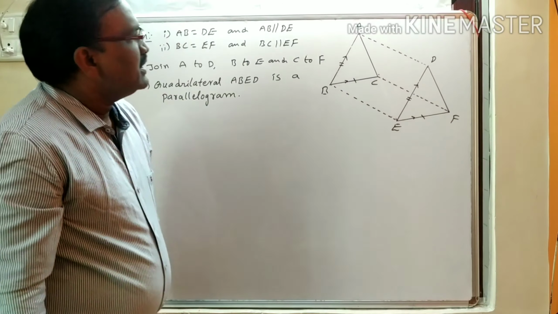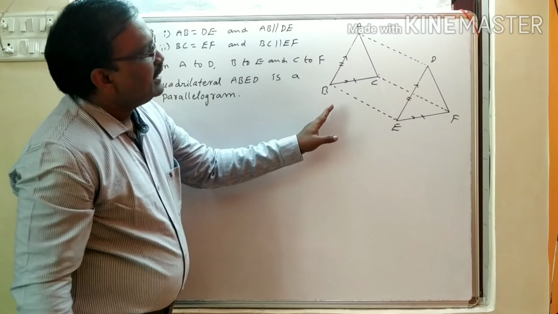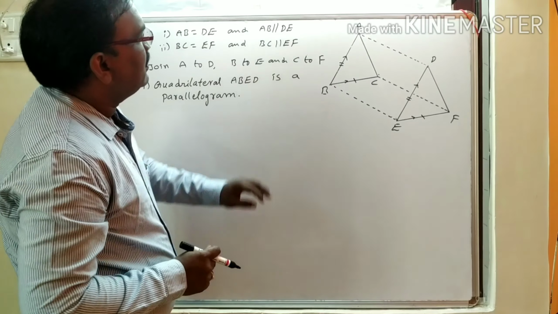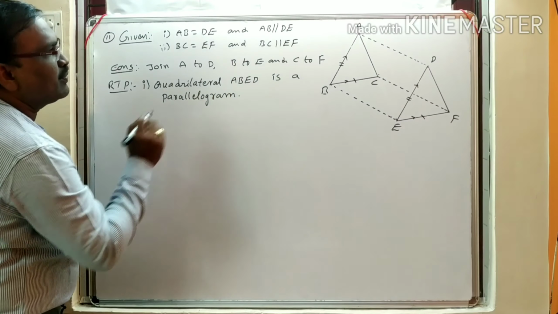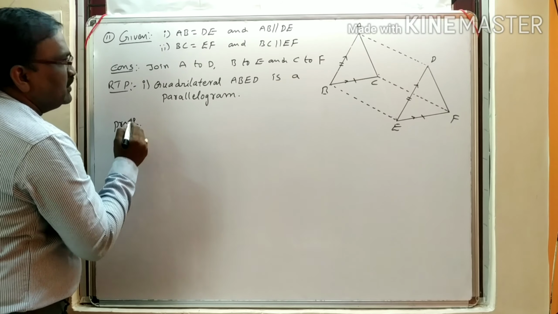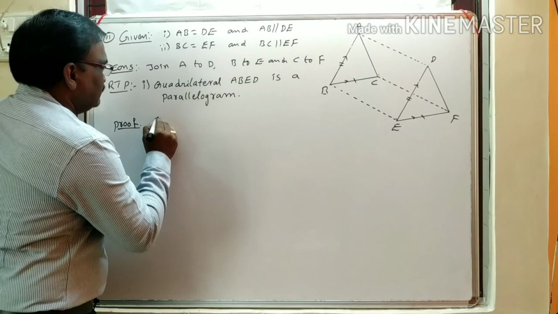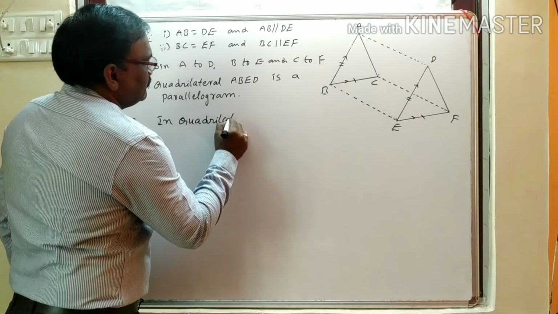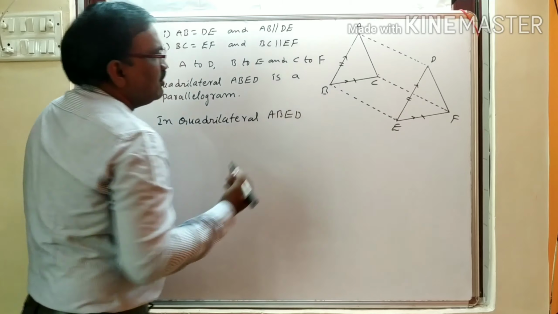Observe the triangles ABC. AB is equal to DE. This is the proof. In quadrilateral ABED, what are equal?